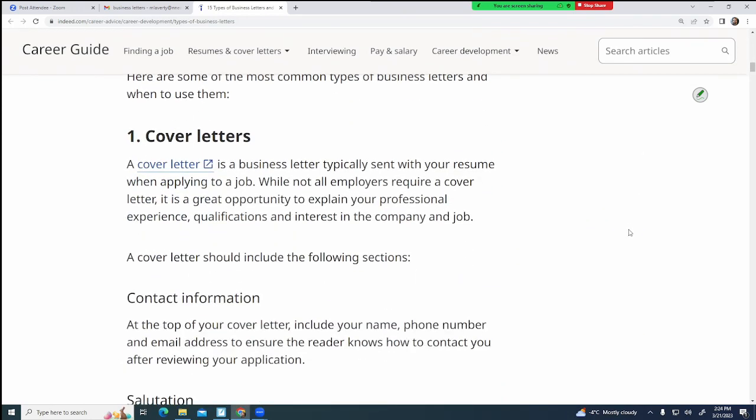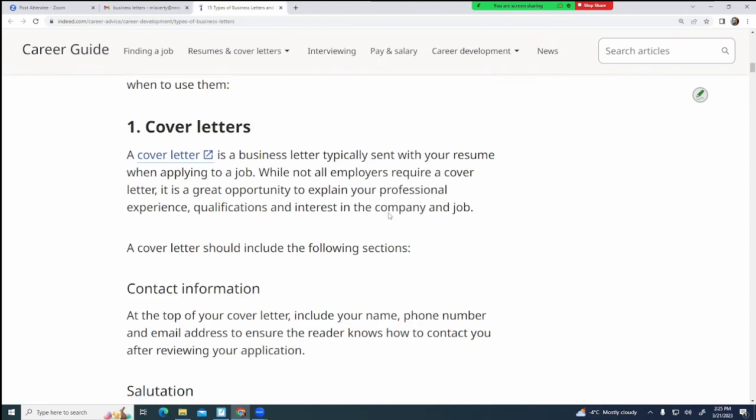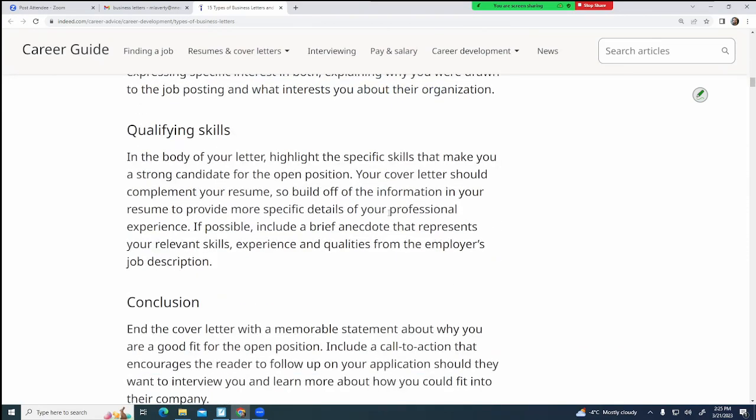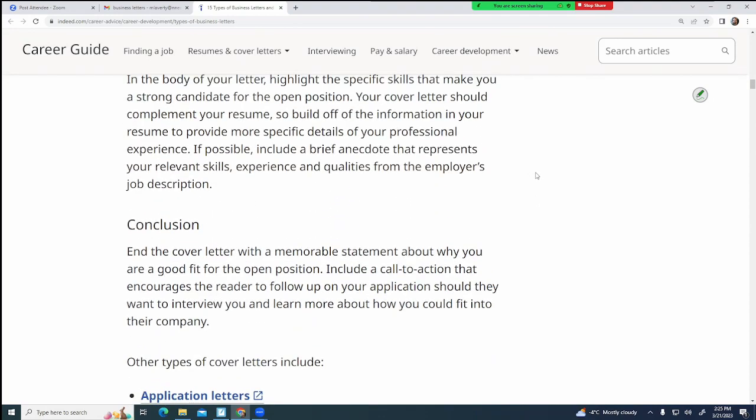The types they list are cover letters. We've talked about that before, and we'll devote more time to it. So writing a cover letter when applying for a job is a very specific kind of letter.